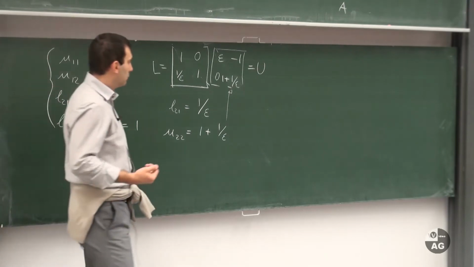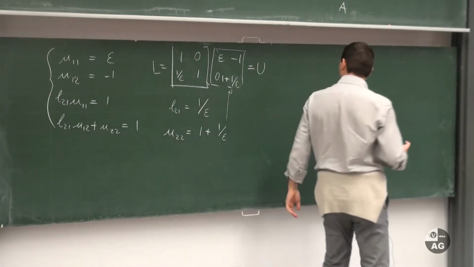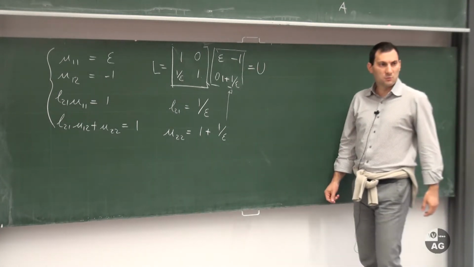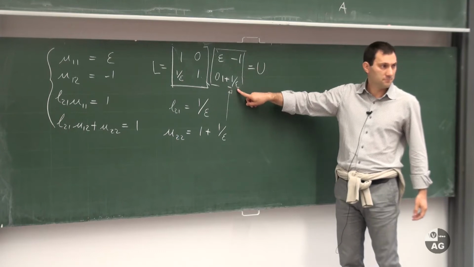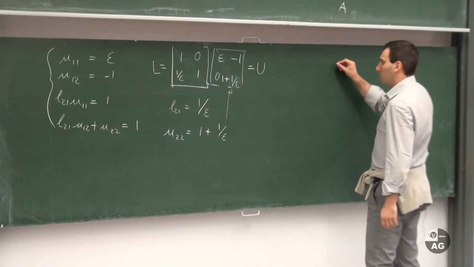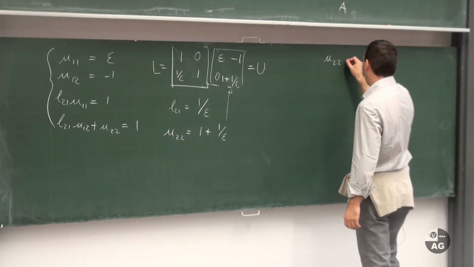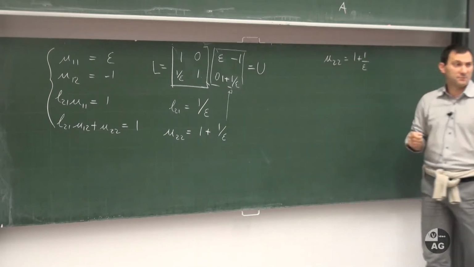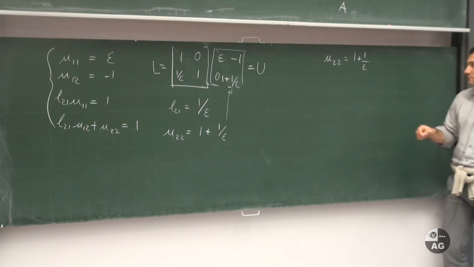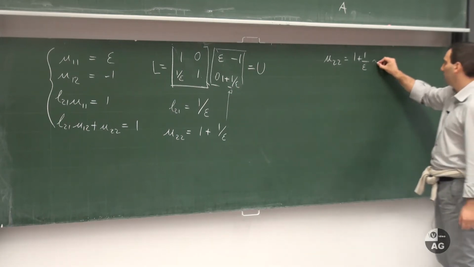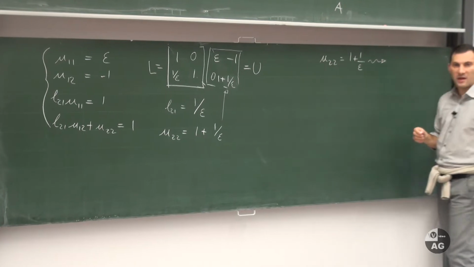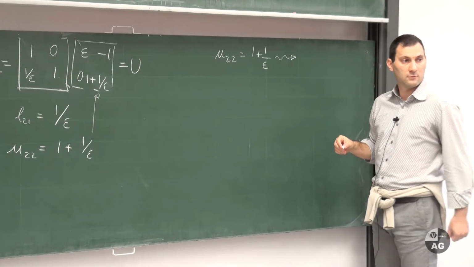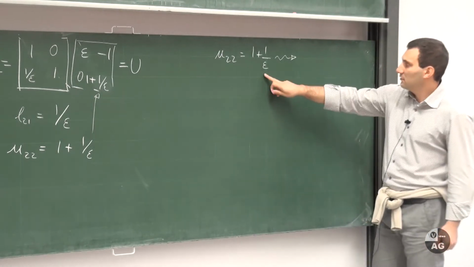Now, let's say that we are working in single precision, or anyway, let's work with a small epsilon, and all of a sudden, if epsilon is small enough, this number magically becomes infinity.